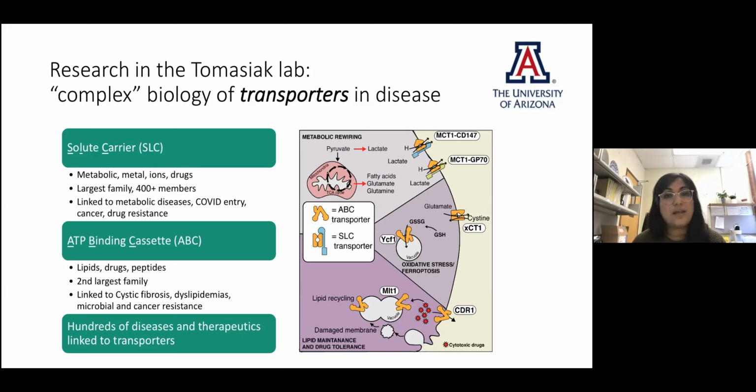And we also are interested in understanding how ABC transporters confer resistant mechanisms by mitigating oxidative stress pathways. And so both of these classes of proteins are linked to hundreds of diseases, and many therapeutics have been now developed targeting their function in not only humans, but in bacterial and fungal pathogenesis.